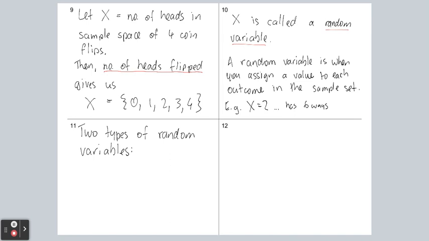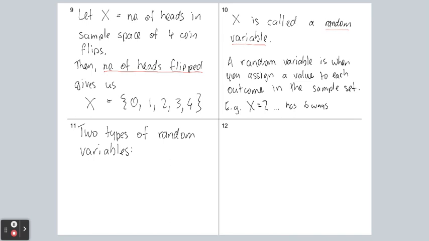Okay, so we are assigning a numerical value 0, 1, 2, 3, 4 to describe the sample space of flipping 4 coins. And so if we talked about what happens when x equals 2, the answer would be there are 6 ways that x could equal 2. We're more interested in the probability than the ways, but we'll get to that in a second.